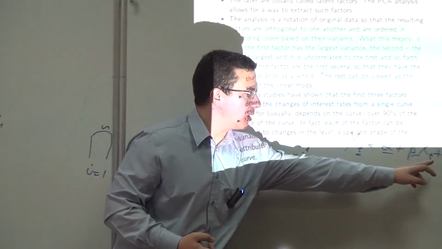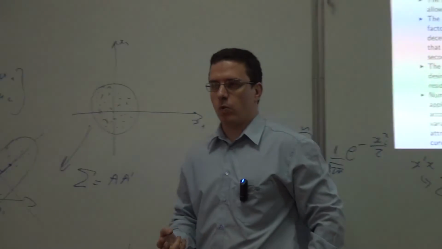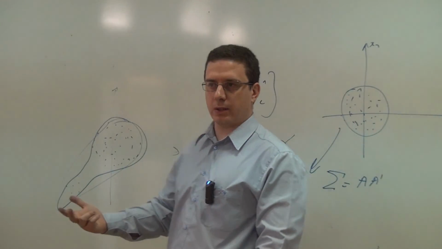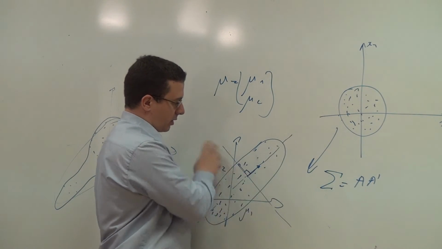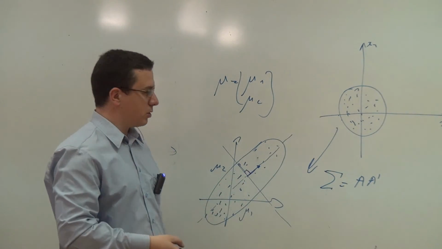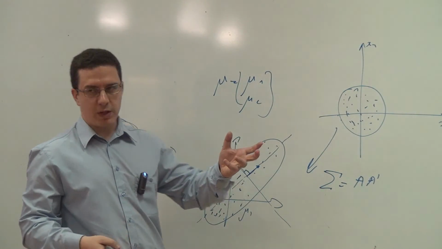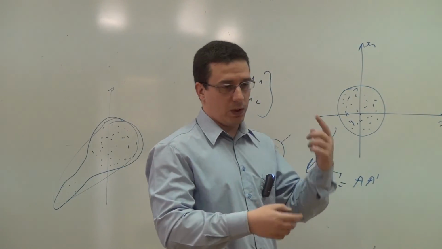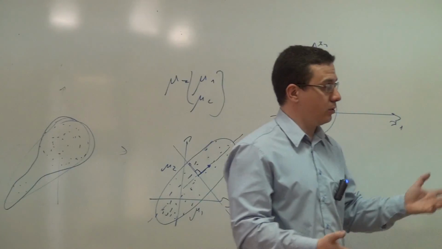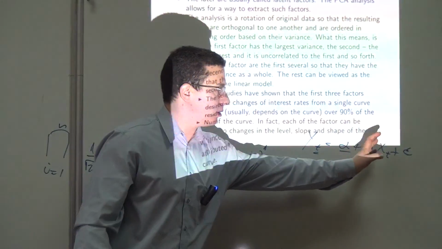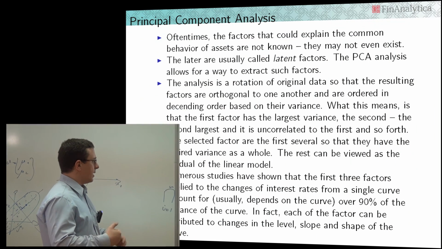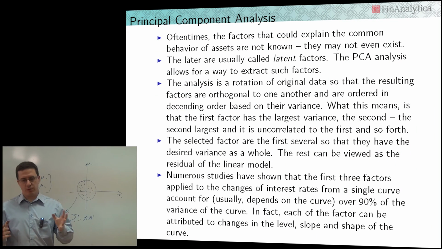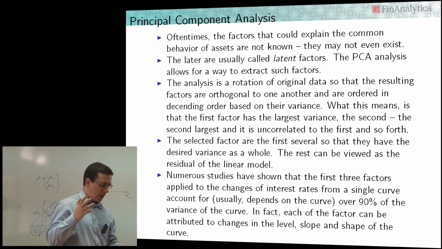It's this random component here which we actually don't want to look at so much. We want to know the behavior of this direction, not so much about this. So for these two variables, we'll take only one factor and use that, and the rest is just residuals.